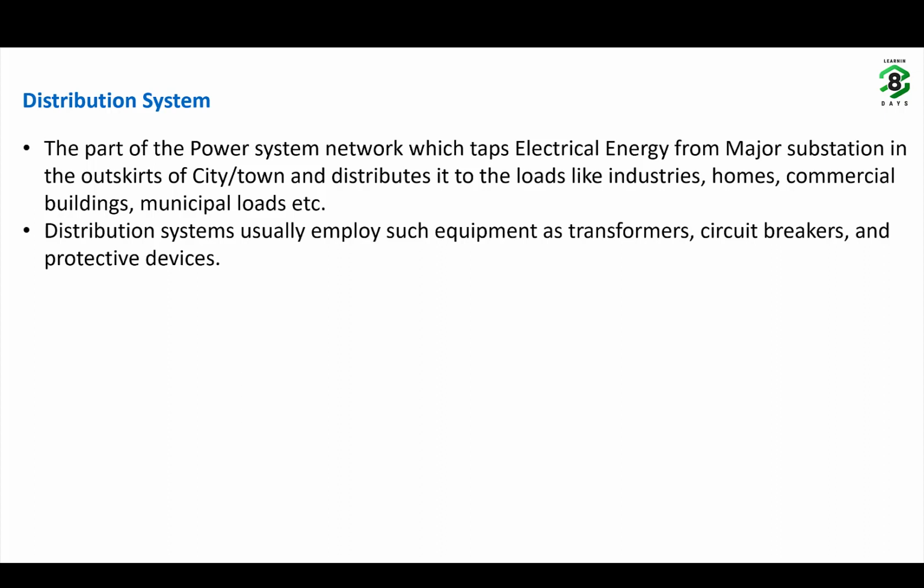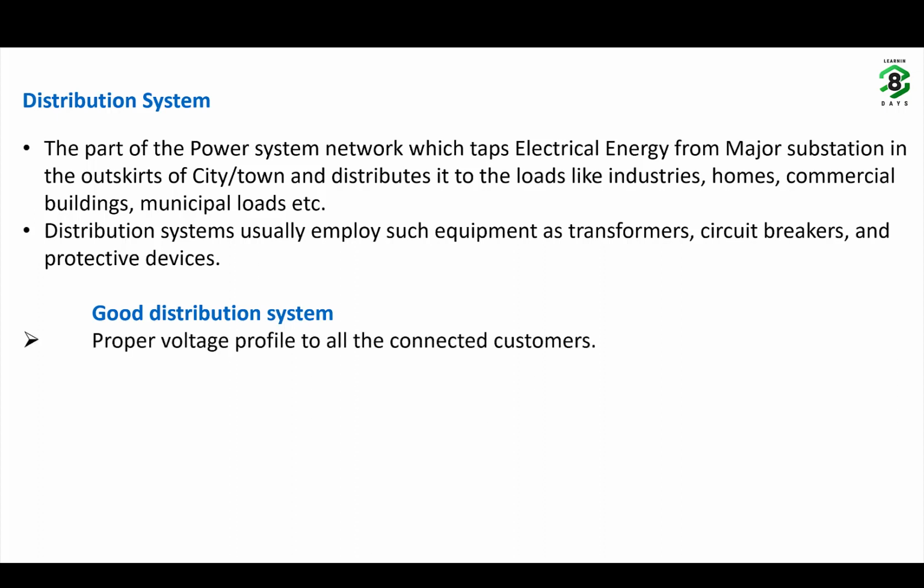A distribution system usually employs equipment like transformers, circuit breakers, fuses, isolators, etc. So what makes a good distribution system? A good distribution system should have two properties. The first one is it should provide proper voltage profile to all the connected customers.